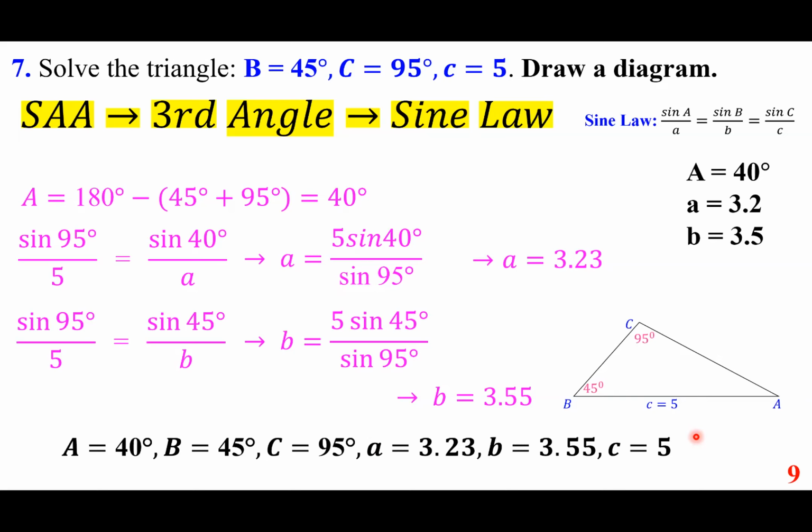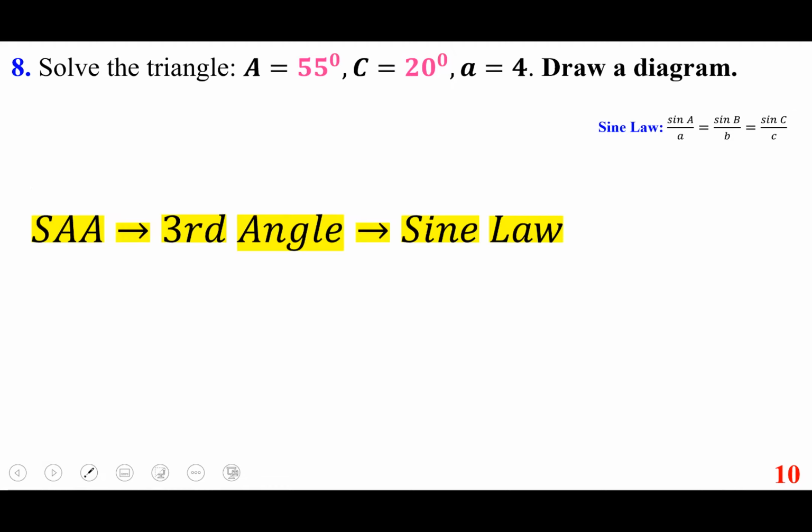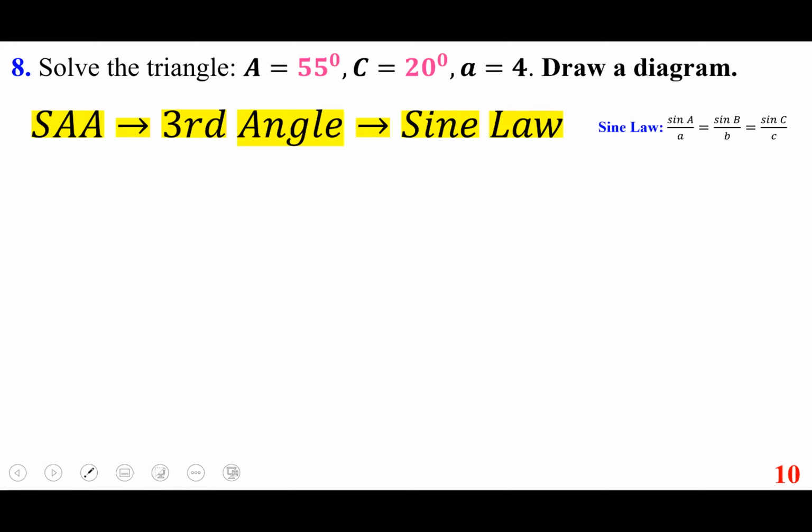So we have the missing signs. Now, in this case, again, 2 angles are given with one side: angle, angle.